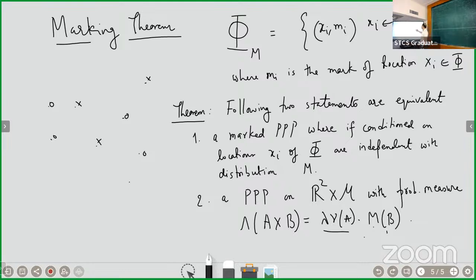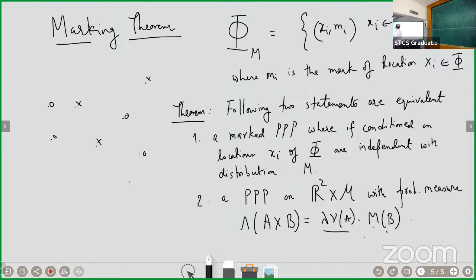In one place you can think of this as a single process where marks are associated. And given the location, conditioned on the location, the marks are identified. That's one process, conditioned on the location.